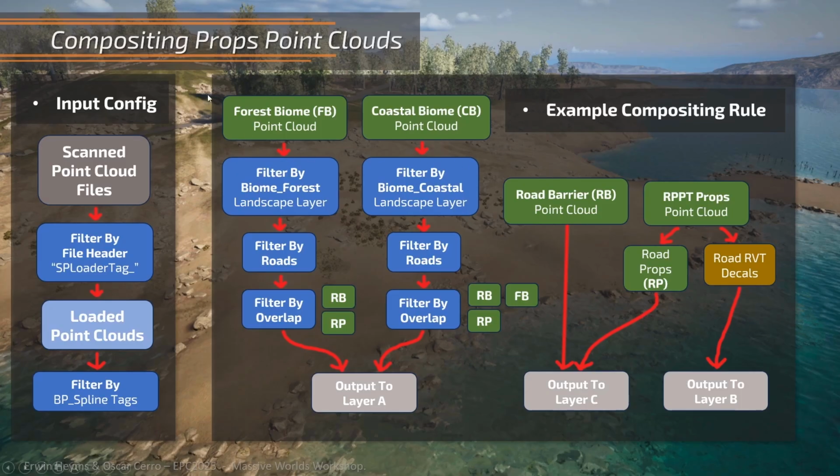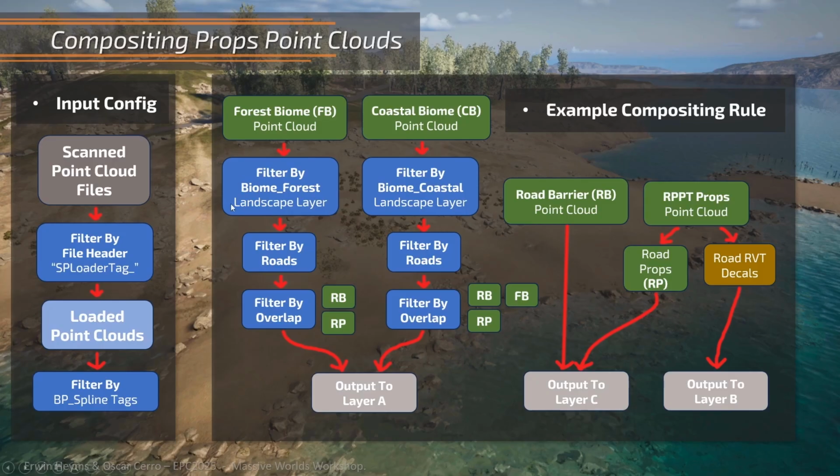We have the forest biome point cloud and we have the coastal biome point cloud. These are both being loaded across the entire map. Basically I'm not culling them based on their location. I'm telling the system, the biome spawner, to spawn them across the entire world.